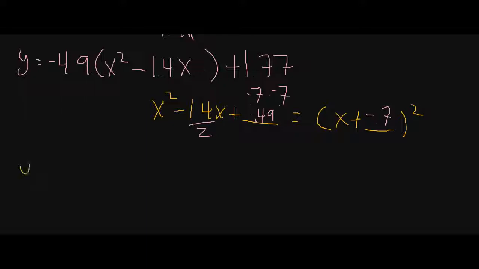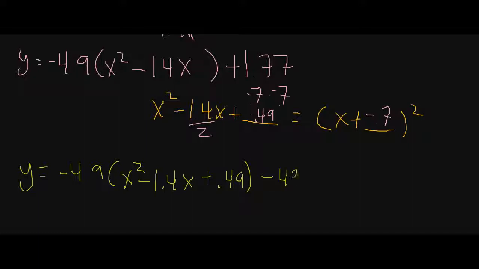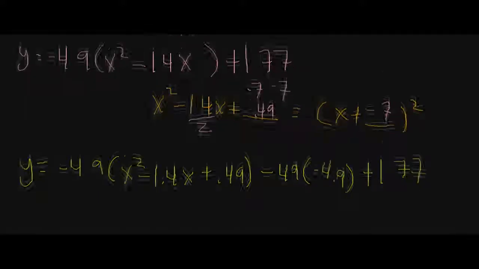So now I'll go ahead and write y is equal to negative 4.9 times x squared minus 1.4x plus 0.49, right? But if we add it, we have to subtract it, minus 0.49, and then multiply it by our dilation, 4.9. Don't forget that we still have this plus 1.77. Now that we have done that, we'll just go ahead and solve it.